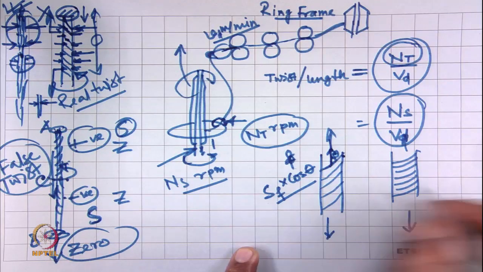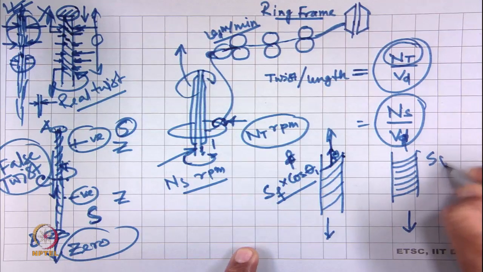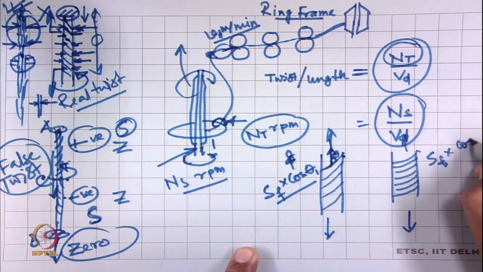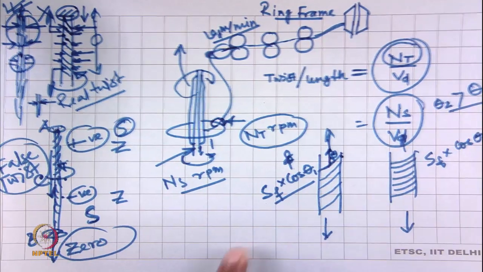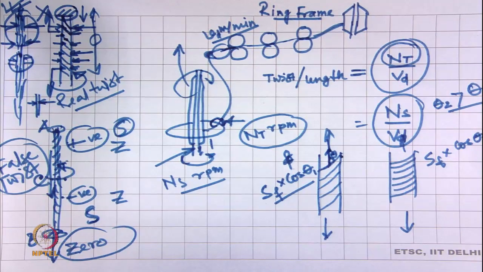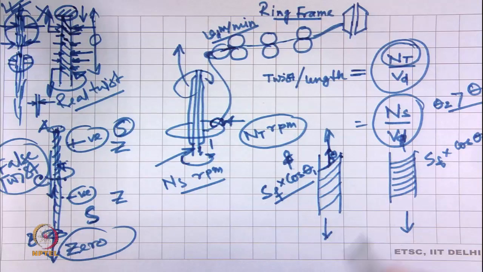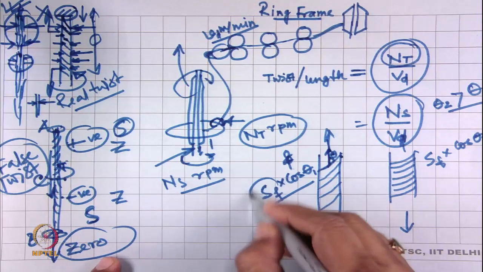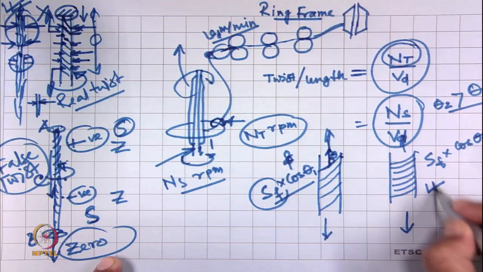Now, here it is cos theta 1 and for the same fiber cos theta 2. Theta 2 is more than theta 1, that means for the same fiber, due to this obliquity effect, the contribution of fiber strength towards yarn strength is low in this case.